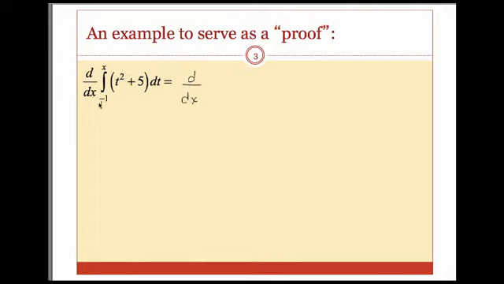And I'm going to go ahead and evaluate this integral. So that's basically applying the first fundamental theorem of calculus. Antiderivative of t squared, of course, is going to be 1/3 t cubed. Antiderivative of 5 is going to be 5t, and we're going to evaluate that from -1 to x.